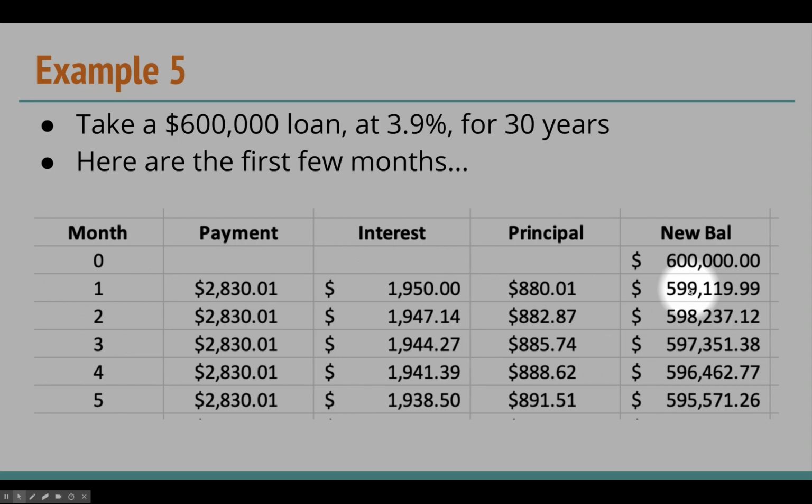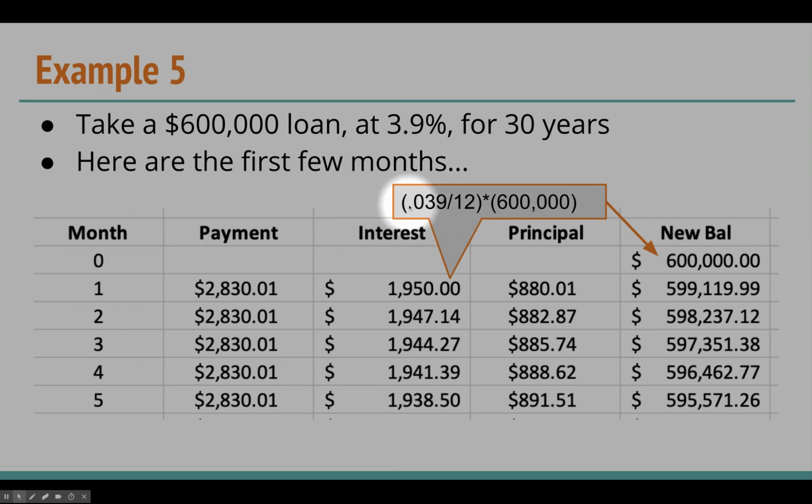So if you look at what's going on, we're starting with a $600,000 balance. We've paid off $880.01 of that balance, and that's going to leave us with a balance of $599,119.99. If we dig down into the formulas a little bit more, we see here that this interest payment right here can be computed by looking at the annual rate, which is 3.9%, divided by 12.